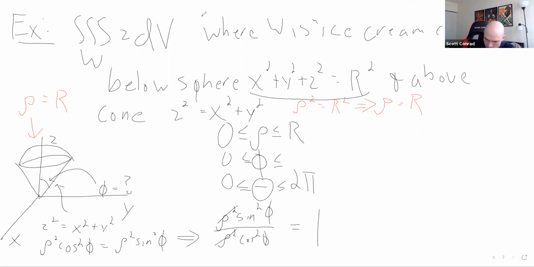Let's take the square root of both sides. So sine phi over cos phi is plus or minus 1.